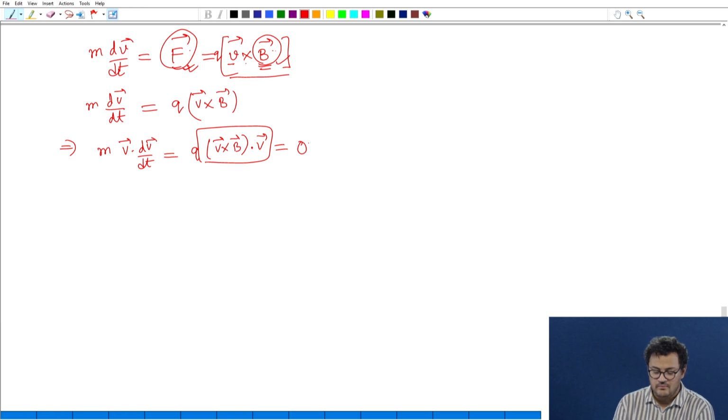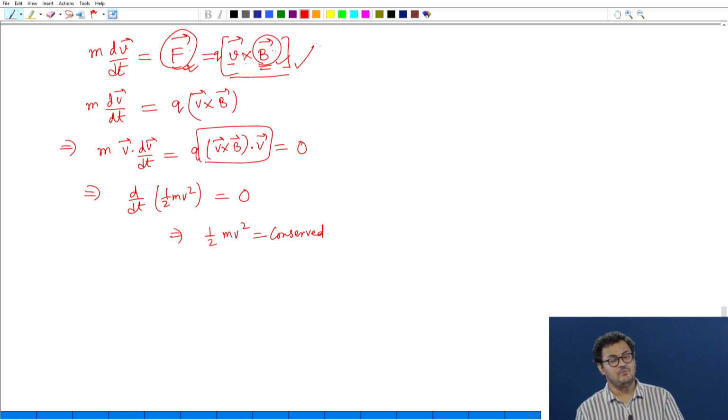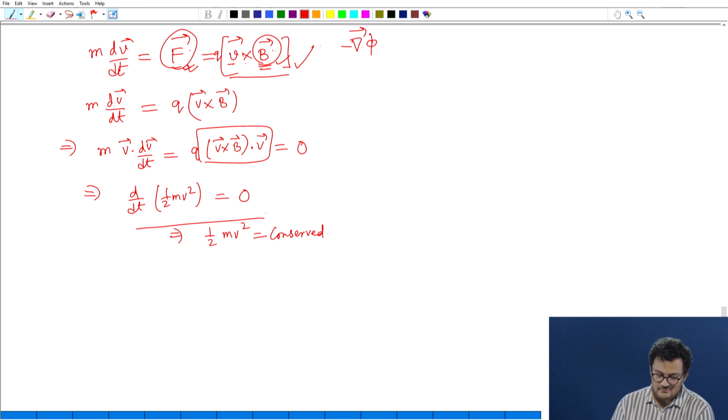So d/dt of half m v square is 0, and half m v square is conserved. So you see that this type of force can conserve the kinetic energy itself, whereas a force of the previous type would require a second component of energy, the potential energy, to be conserved.